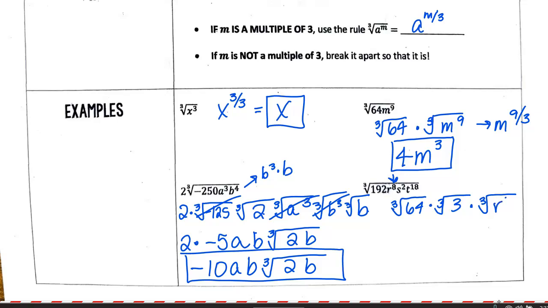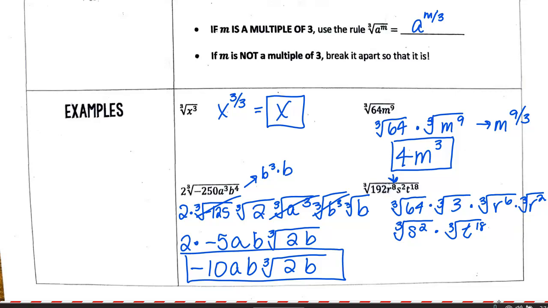So we have r to the 6, because 6 can be divided by 3. And that means that we're left with 2 r's. And then we can't do anything with s. We can't add in an s, so we just leave s squared. It's going to be part of our leftovers. And then 18 can be divided by 3, so we have the cube root of t to the 18th.